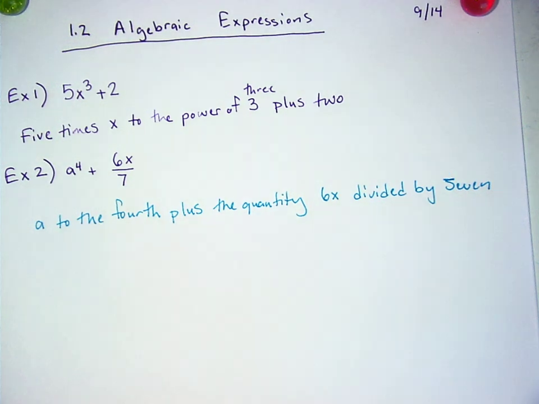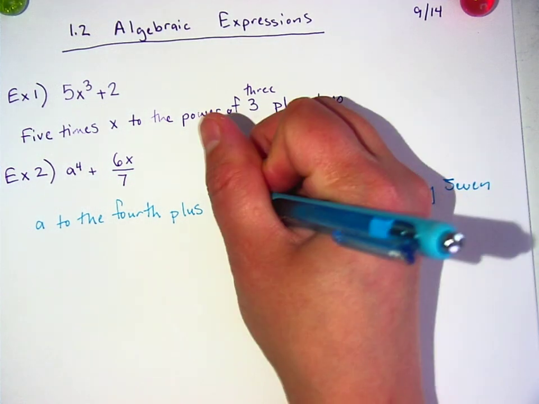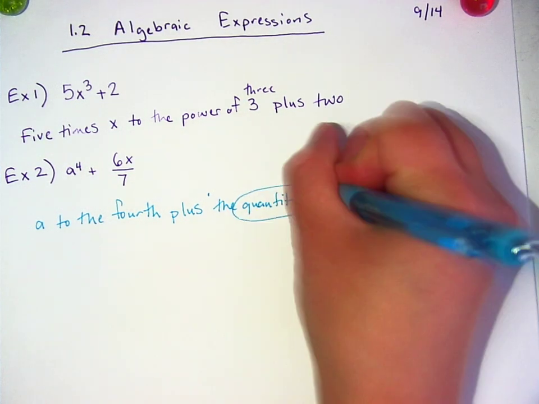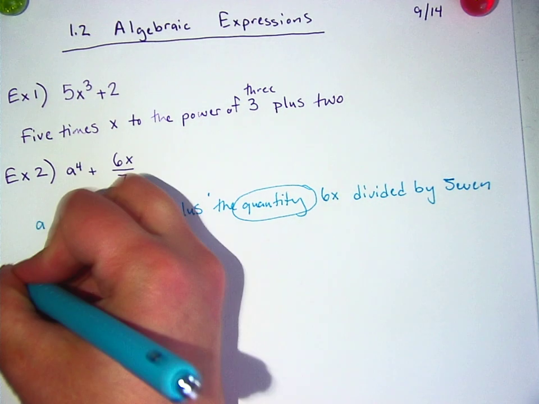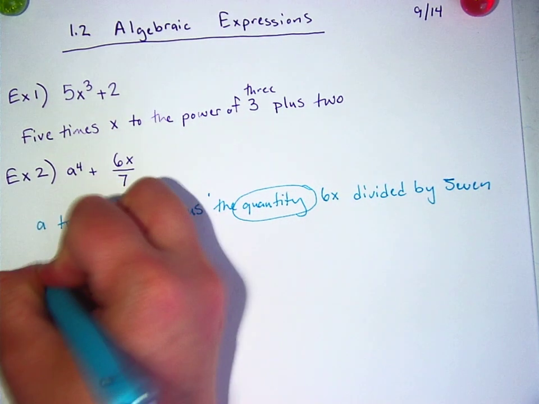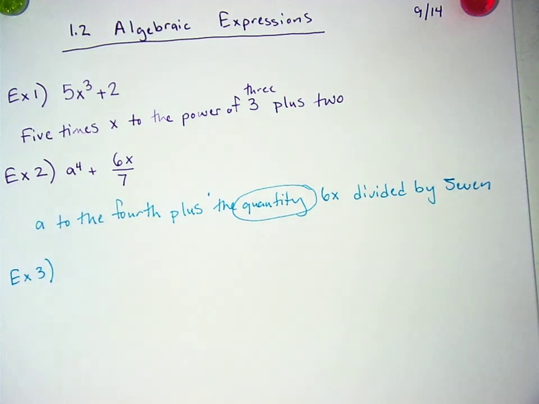So anytime you have like a fraction or a divided thing like that, make sure you use the word quantity. So maybe circle the word quantity in your notes. The quantity implies that all of it is on top of a fraction, or if you say the product or sum or whatever the job is for that. All right, that's enough of that. Moving on. Example 3.